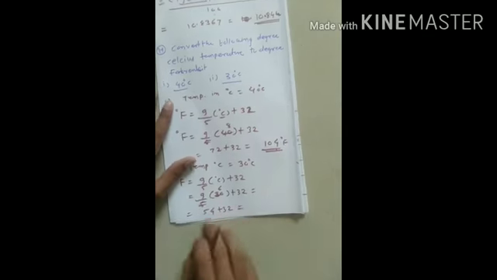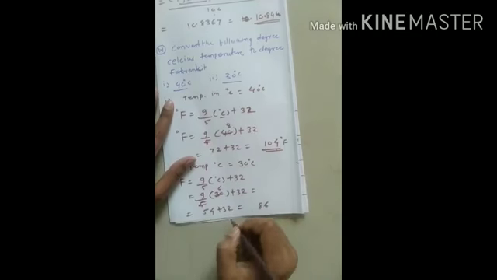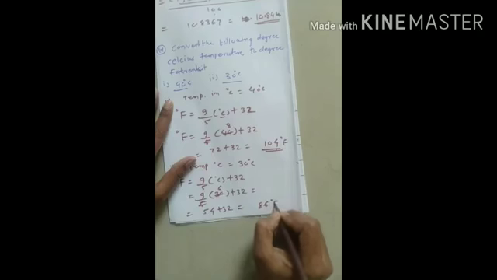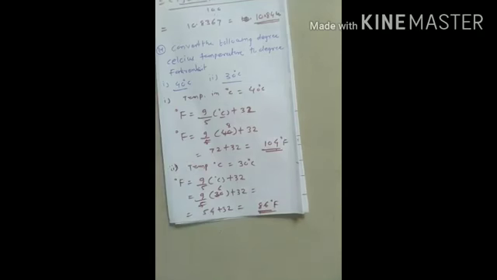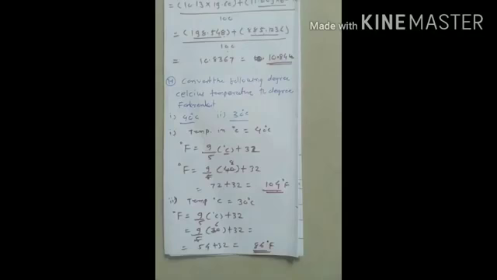If I add this, 4 plus 2 is 6, and 5 plus 3 is 8. So it is found to be 86 degree Fahrenheit. This is a very easy question.